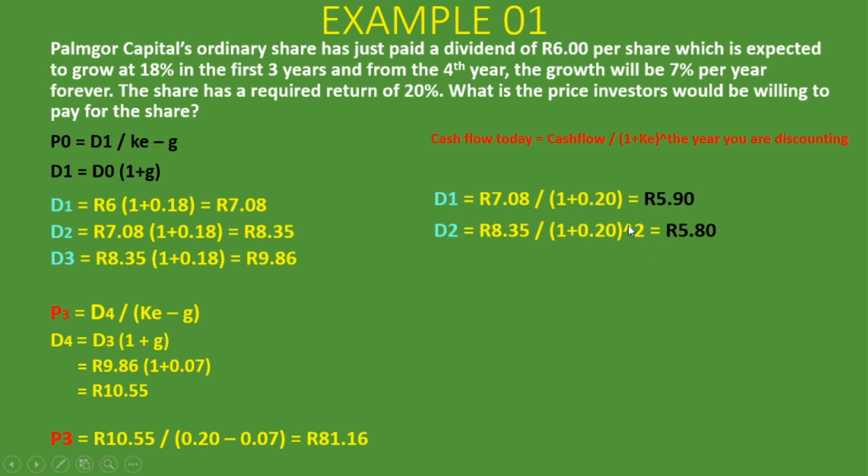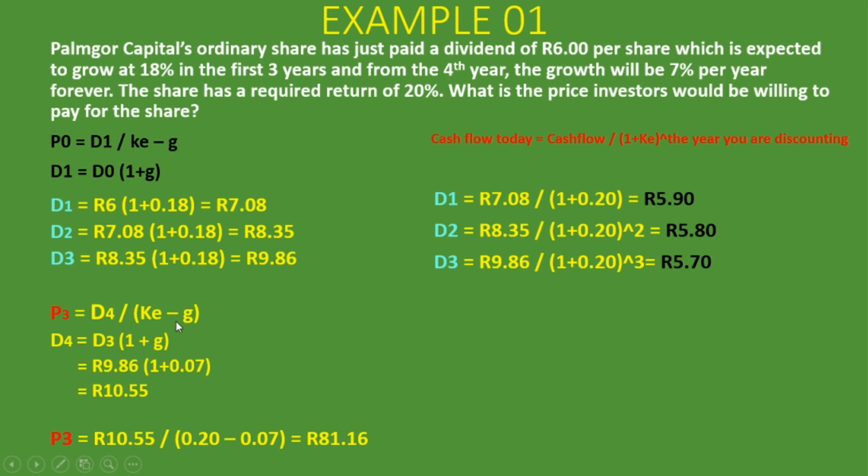I have to raise it to the power of 2, and then it gives me an answer of 5 rand 80 cents. For period 3, I do the exact same thing: 9 rand 86 cents divided by 1 plus 0.20 to the power of 3, because I'm in year 3, and it gives me a dividend of 5 rand 70 cents. That is what it's worth today.